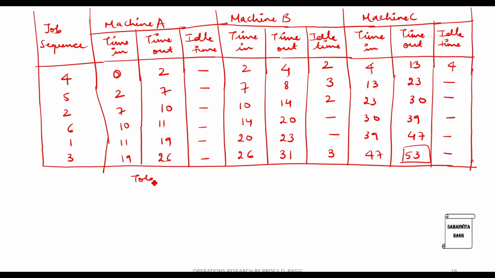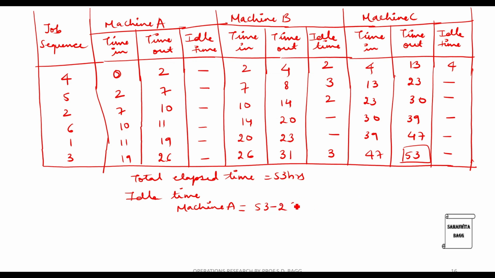So I can start with total elapsed time is 53 hours. Then we'll calculate the idle time. Suppose if I calculate for machine A, it's not required, but still if I show you, for machine A, this will be total time, 53 minus 26, that is the time here.